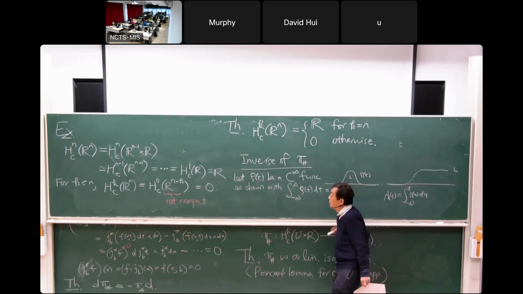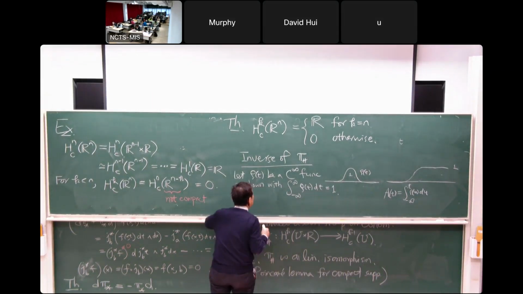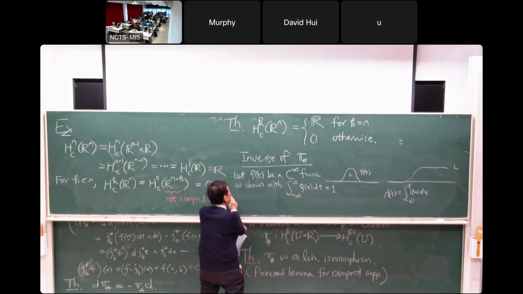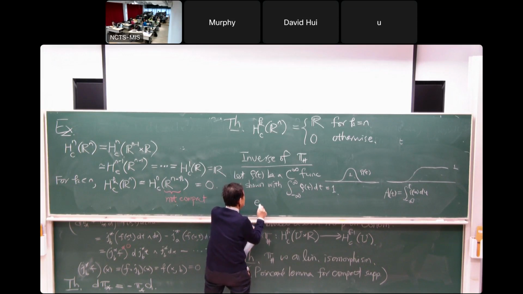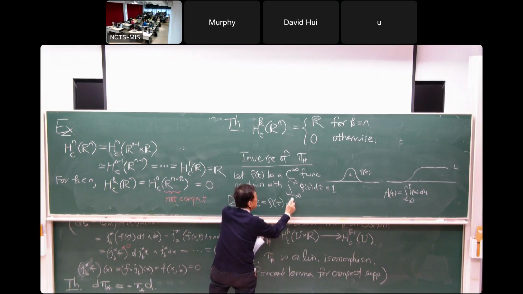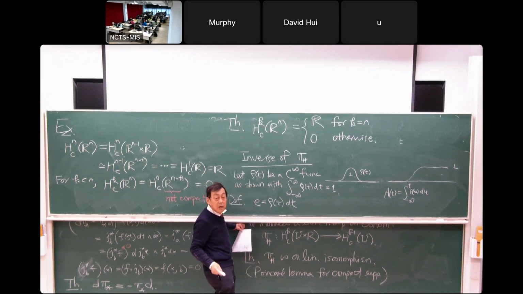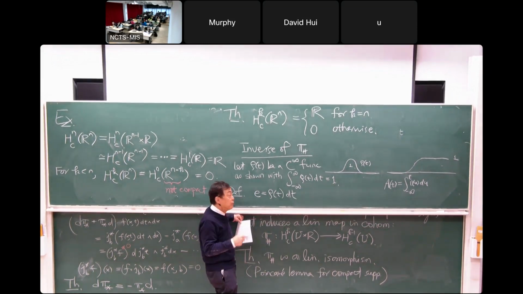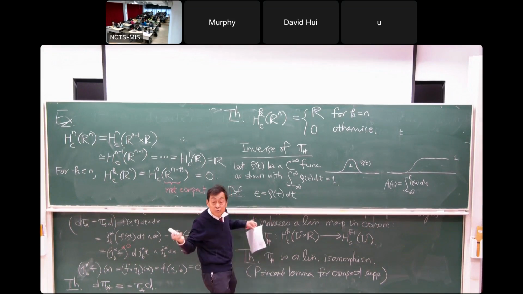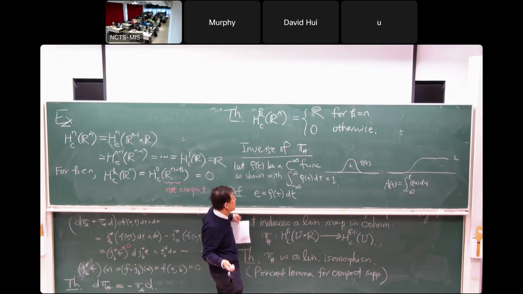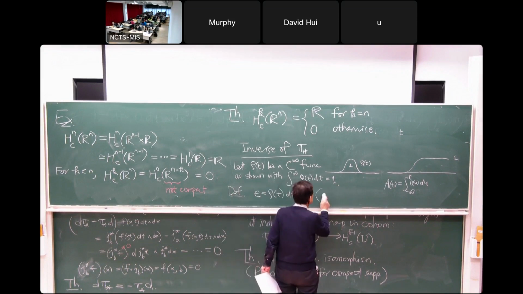And then you define E to be the one form, rho T dt. And this is a closed one form because when you take d, you get a 2 form on R. A 2 form on R is 0.